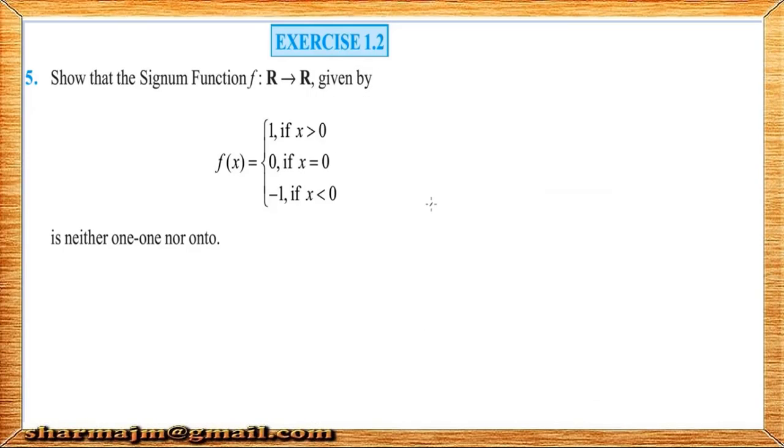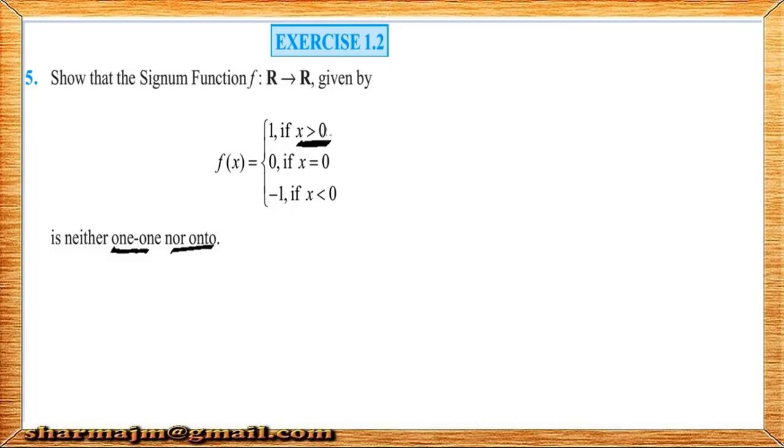Next question. Now question number 5. Here f is a function from set of real number to real number given by f of x is equal to 1 if x is positive, f of x is equal to 0 if x is 0, and f of x is minus 1 if x is less than 0. So this function is neither 1 1 nor onto. So you see when x is positive, that is x is greater than 0, value of the function is 1.